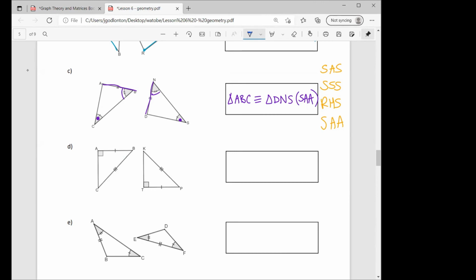The thing that we need to be seeing here, because this is one that they love tricking you on, is that we have a right angle, we have a hypotenuse, and we have a side. It's RHS. See, they like to trick you with the SAS. So triangle ABC is congruent to triangle TPK, RHS.